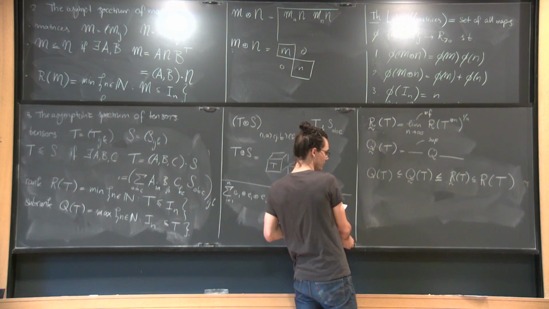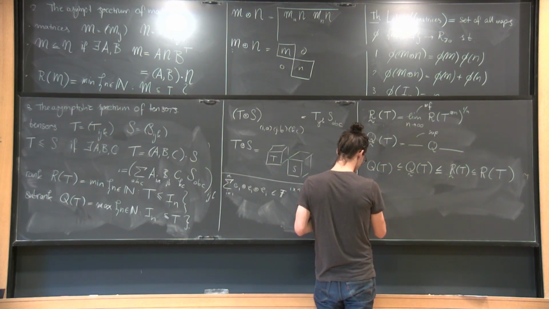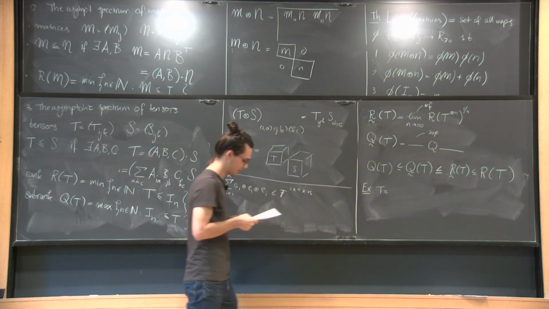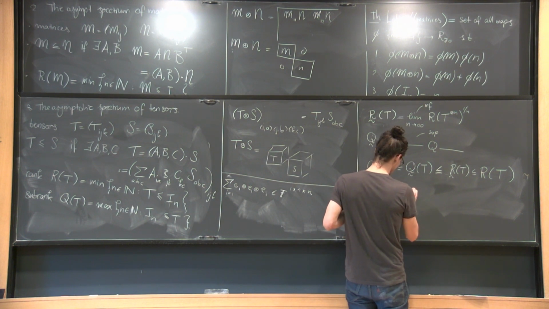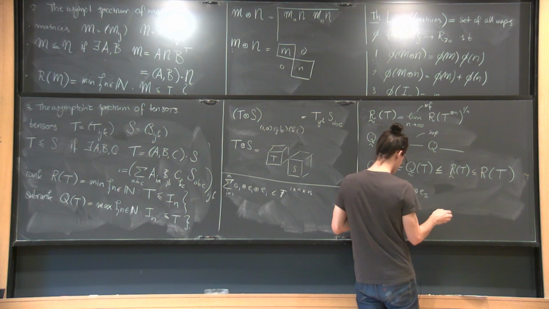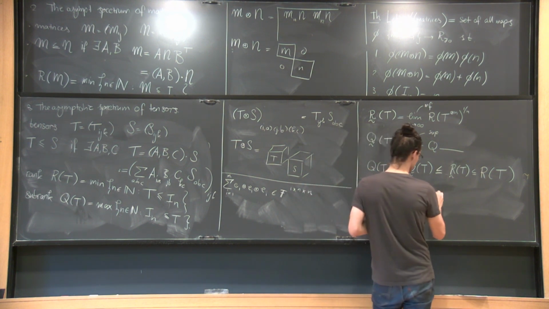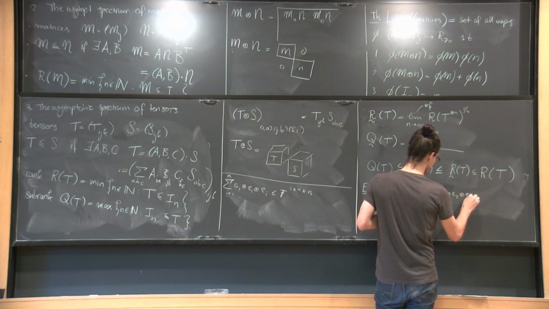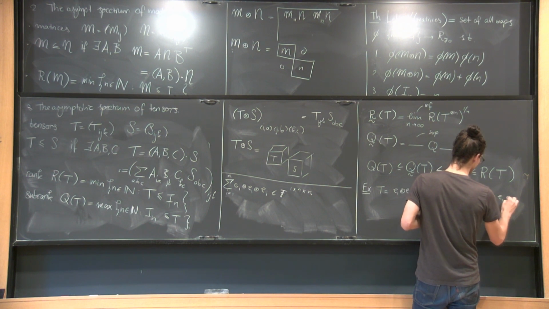I'll give you the example, and we'll see the tools later to prove this. The example is the following tensor e1 tensor e1 tensor e2, plus the 3 cyclic shifts of this. So e1 tensor e2 tensor e1, and e2 tensor e1 tensor e1.